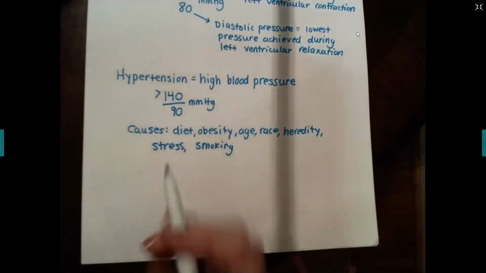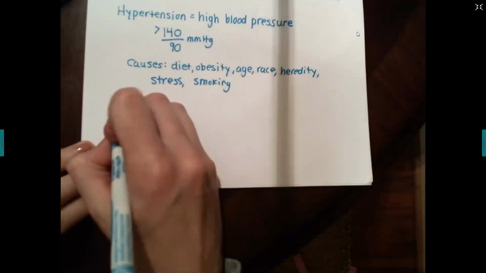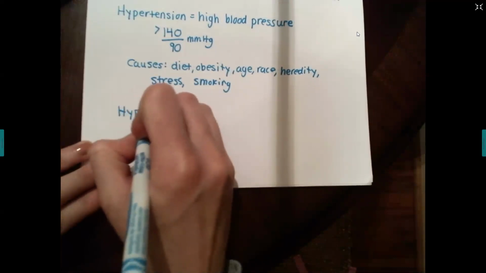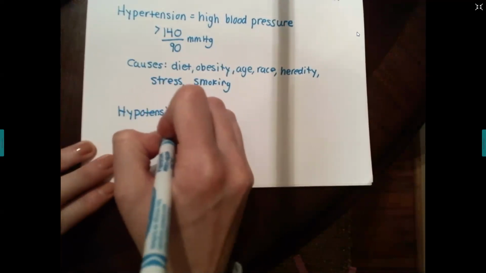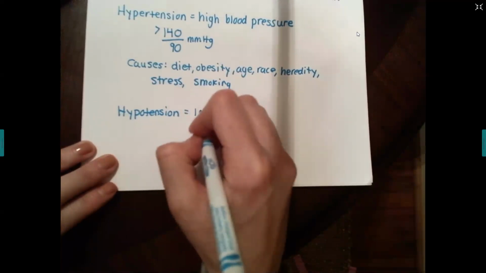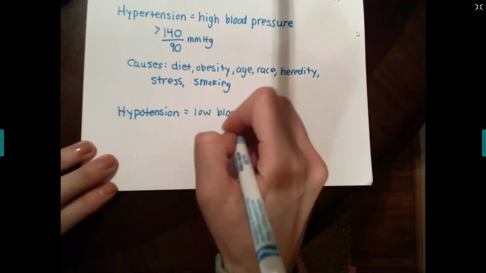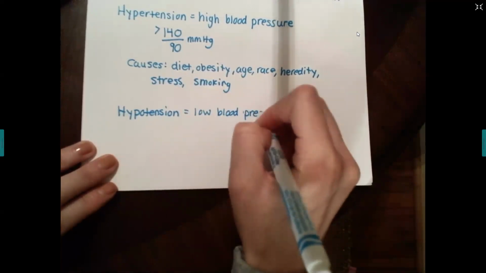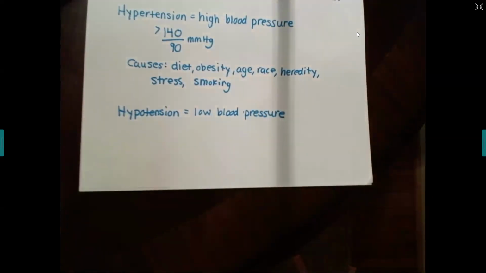All right, now the opposite of that is hypotension. Okay, and hypotension is low blood pressure. Okay, low blood pressure is often felt a little bit differently and a little bit quicker than high blood pressure.